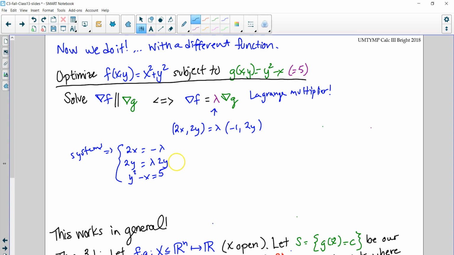So in this case, we get that y is equal to 0. Okay, and then consequently we get x is equal to minus 5. Okay, and so we get the point negative 5, 0.